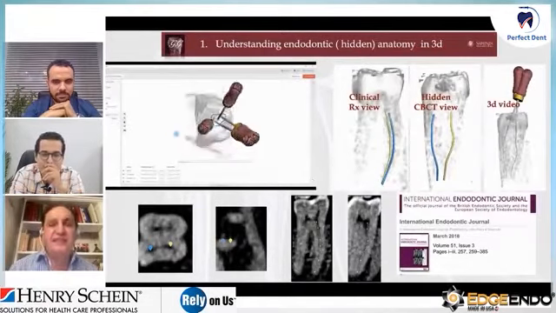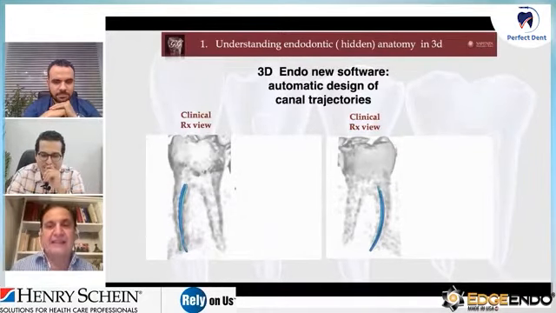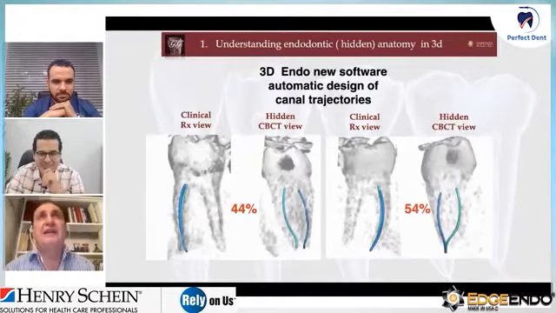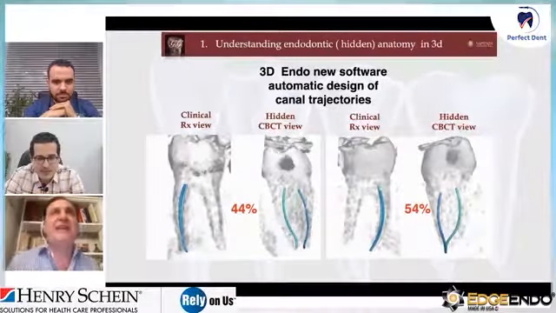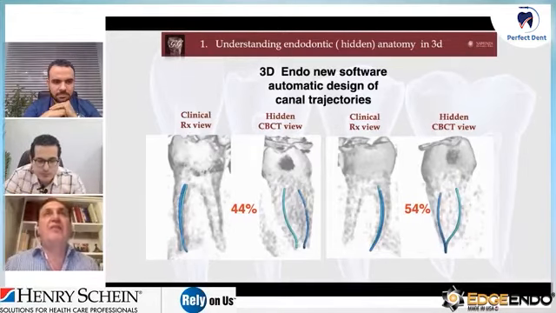If you see two canals from the different views, they may look similar, but they may be very different. This different anatomy may create a lot of problems, increase instrumentation stress, and cause iatrogenic errors because we don't understand the trajectories and the anatomy.